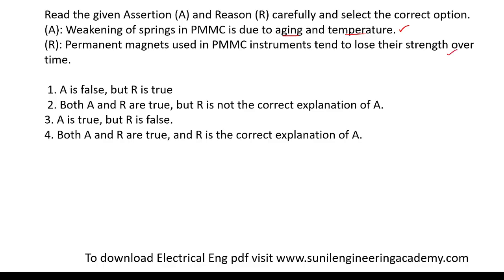Yes, that is also correct. But is there any relation between these two? No, there is no relation. Both are individual statements. So both A and R are true, but R is not the correct explanation of A. So the answer is option 2.